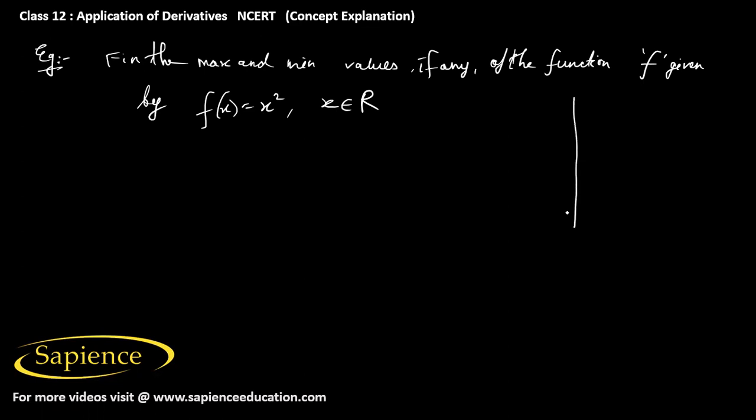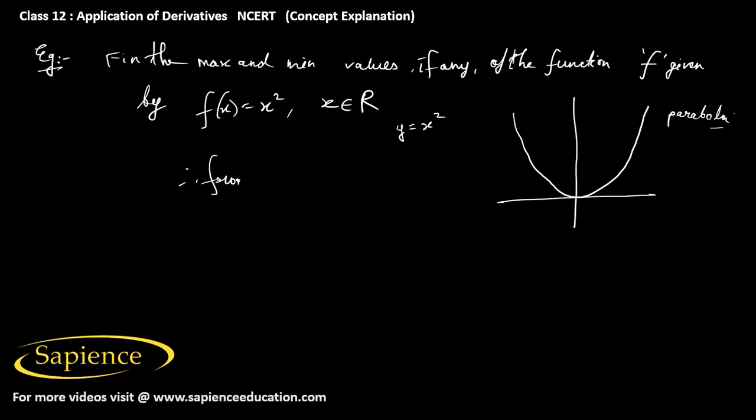Now if you draw the graph of the function y equal to x square, then the graph will be somewhat like this. It is a parabola shaped graph. From the graph you can see that the graph of y equal to x square passes through the origin 0 comma 0.